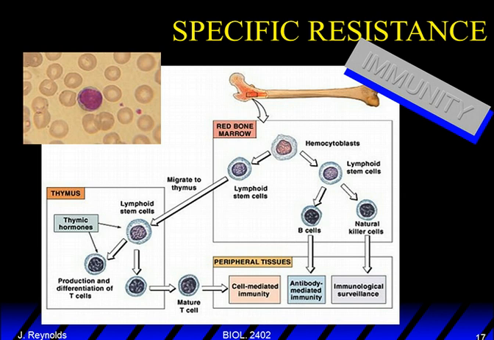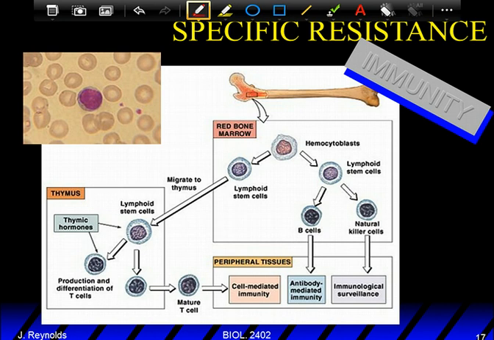All right, so let me lay out specific resistance, also called immunity. You see a bone. This is supposed to represent bone marrow. The red bone marrow is making the stem cells right there that will become all of the red cells and the white cells and so on. And you see that eventually you get these B cells and T cells.